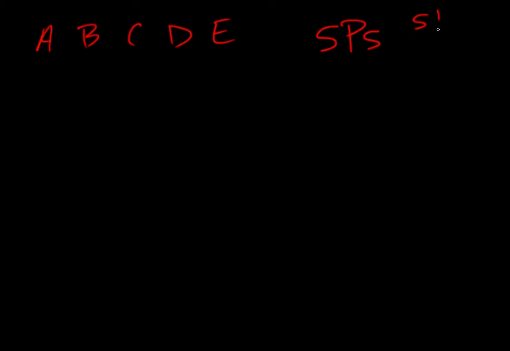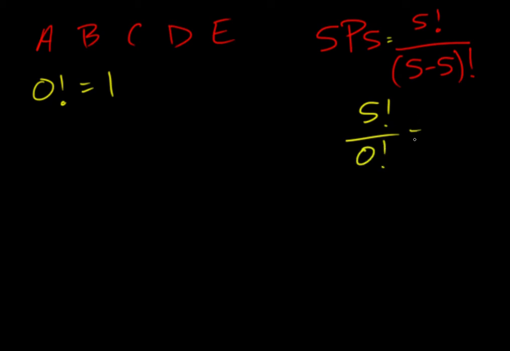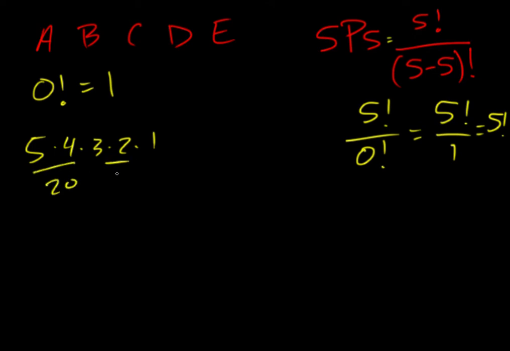So that's going to be 5 factorial over 5 minus 5 factorial. Now an important thing to point out right here is that 0 factorial is defined as 1. So we're going to get 5 factorial over 0 factorial, which is 5 factorial over 1, or just 5 factorial. So we just say 5, 4, 3, 2, 1, and that's going to be 20 times 6 times 1, and so that's going to be 120 different ways.